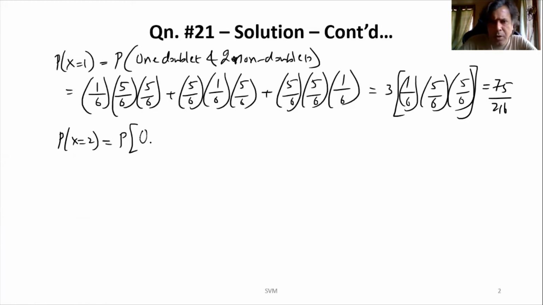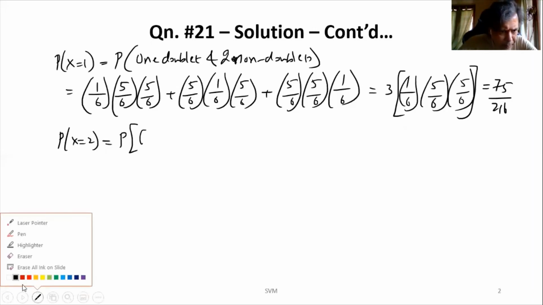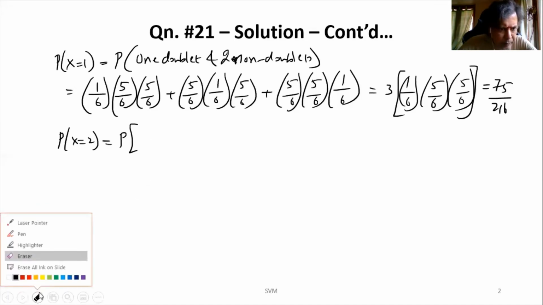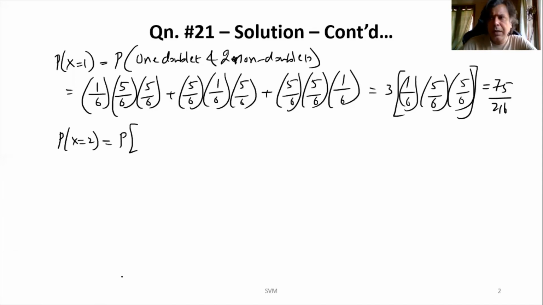Probability of two doublets and one non-doublet.